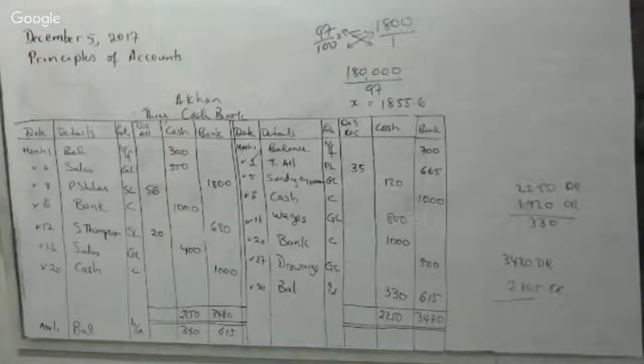All right, so it's this balance in our bank account now of 615 that the B part of the question tells us to use to prepare the updated cash book. If you flip over to the other side of the page, you'll see the B part of the question, which is really what you were supposed to focus on.